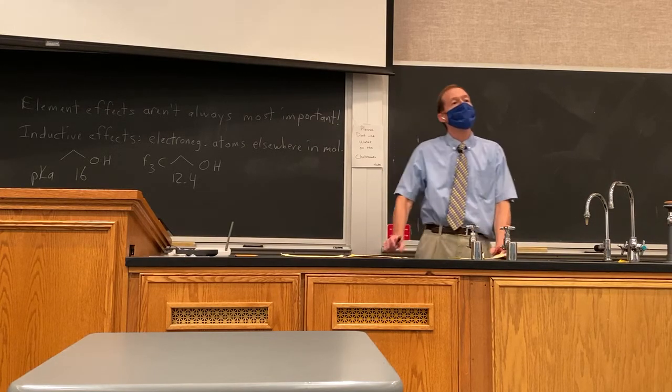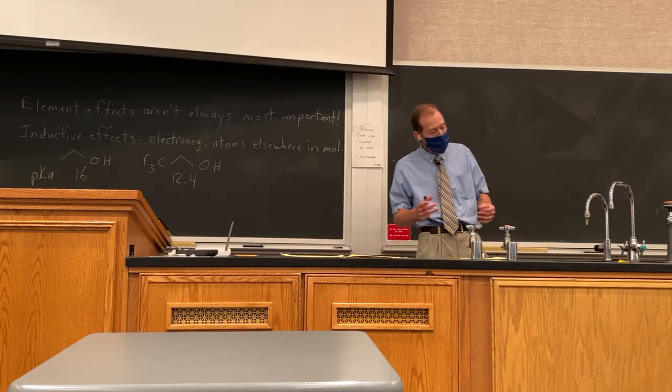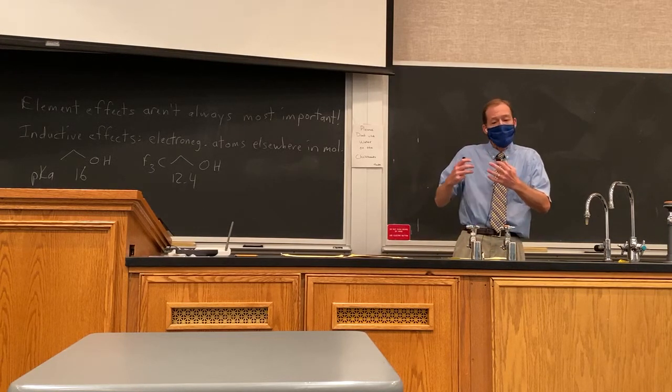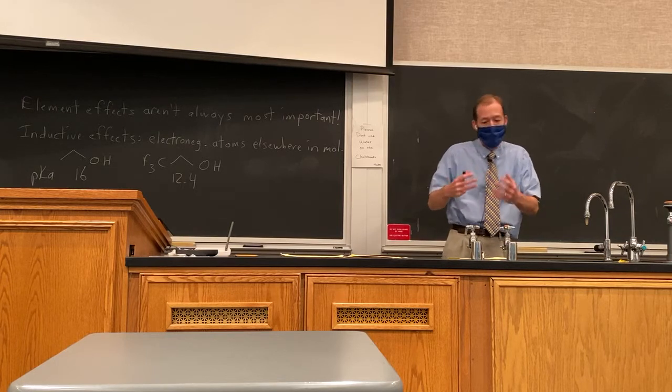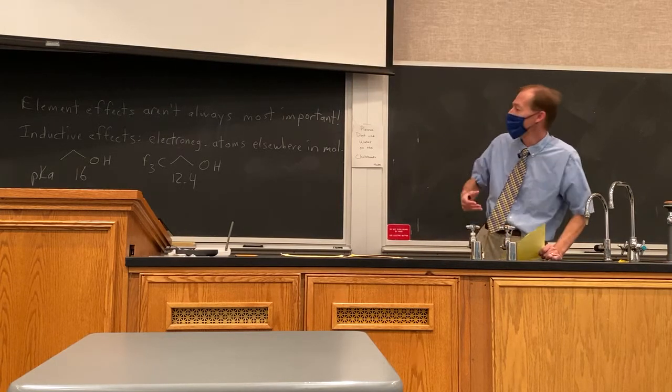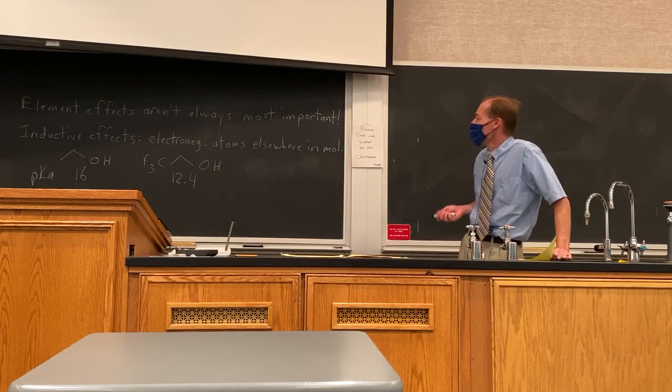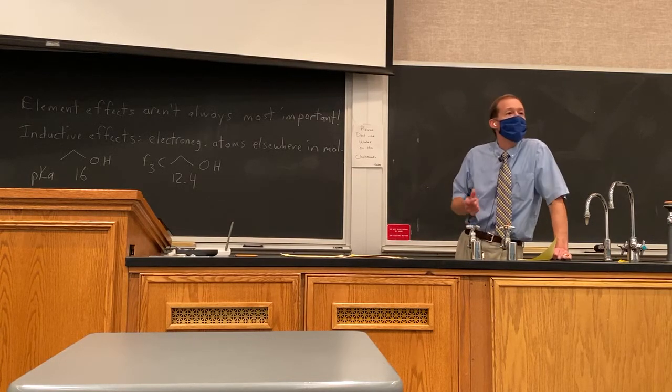Okay, so you're saying the electronegative fluorine can pull on the electron density and stabilize. And when we're talking about pulling on the electron density and stabilizing the structure, are we talking about the acid or are we talking about the conjugate base?